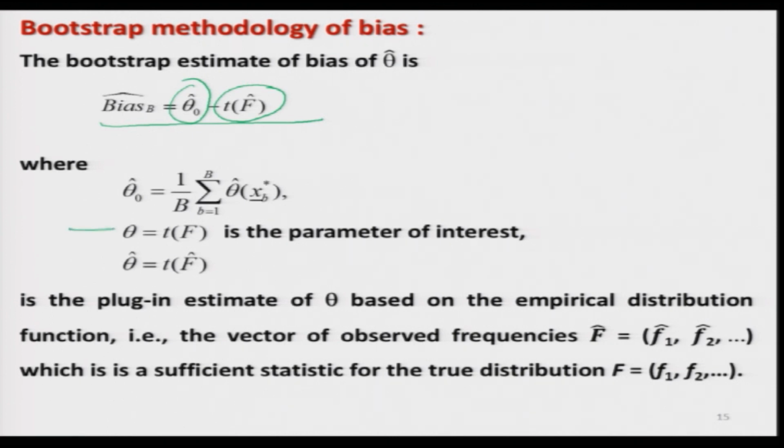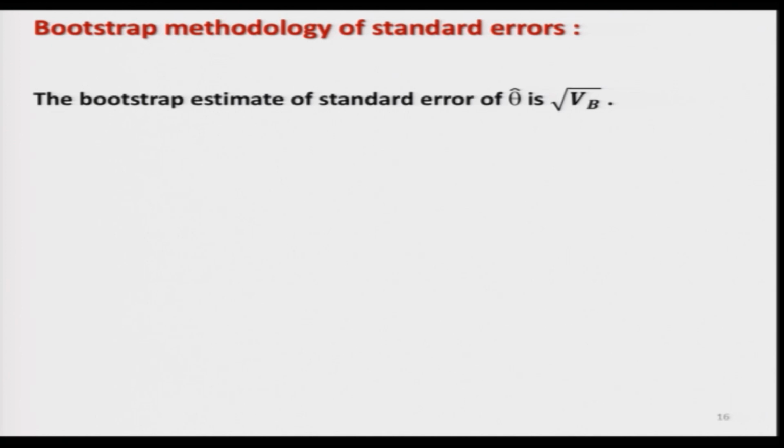So, theta is the true parameter and theta hat is based on the empirical distribution F hat, which is simply the plug-in estimate of theta. And if you try to do it here, it is very easy to compute this bootstrap estimate. Well, you are not going to compute it manually, because the software will give you this output, but my idea of explanation is that you should know what you are getting.